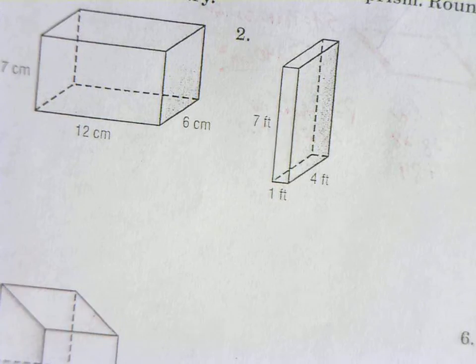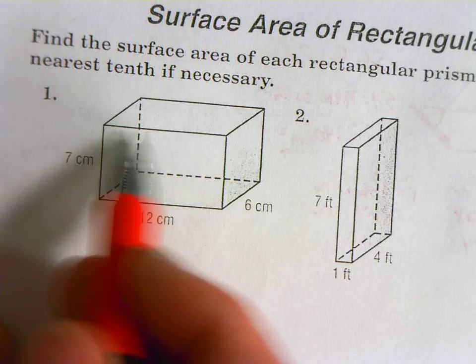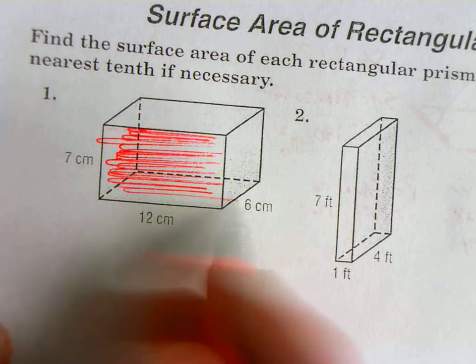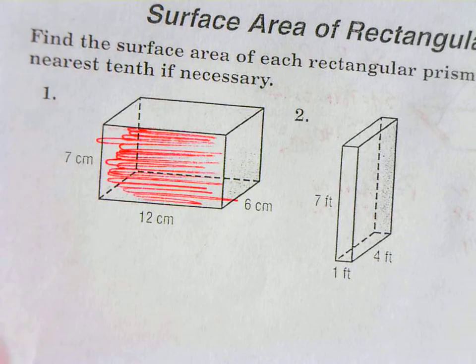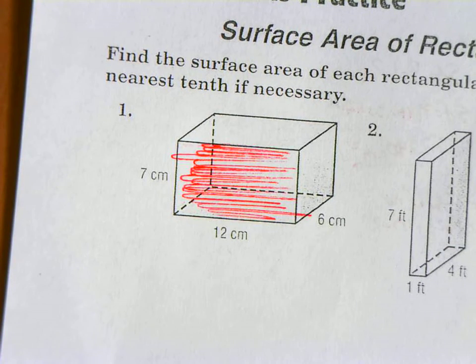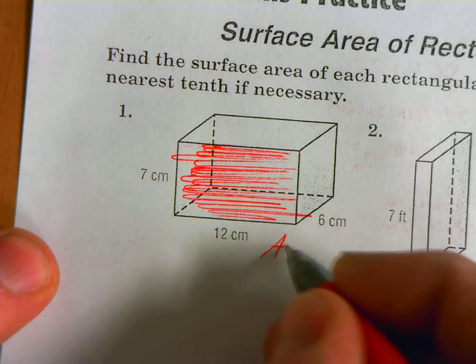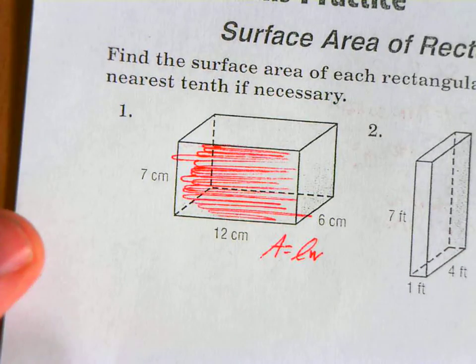On number 1, rectangular prisms. Remember, you can't go wrong. What rectangle would you like me to choose? The front? Sounds great. Outline it. If you even want to color it in, go right ahead. On my keys, I've been coloring them in. Draw all your attention there. Somewhere, somehow, you need to show me all the work. Find the area of that rectangle, length times width.